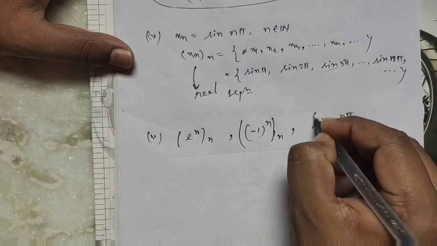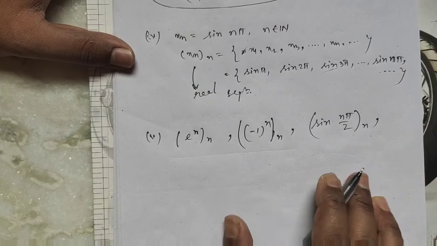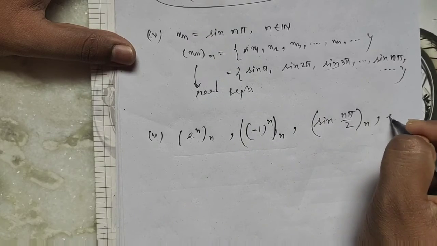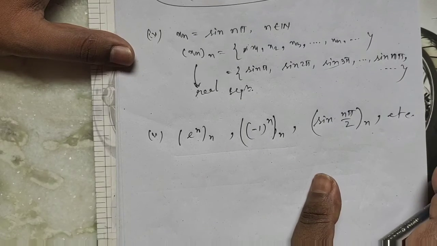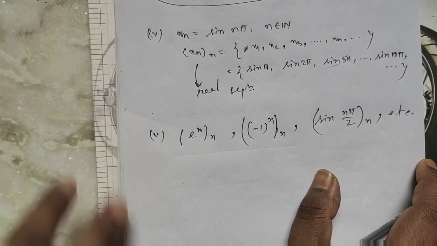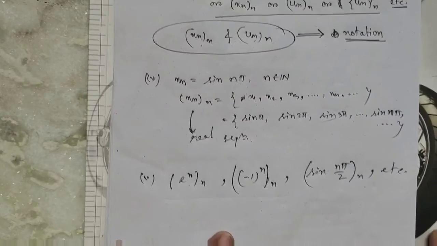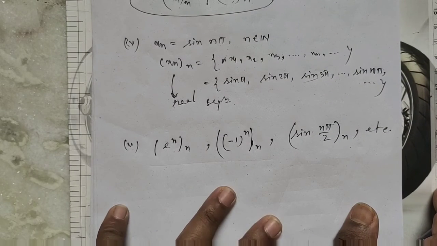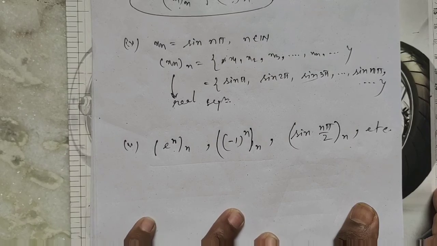Sin n pi by 2 is a real sequence, and so on. So these are real sequences. Okay, that's it.